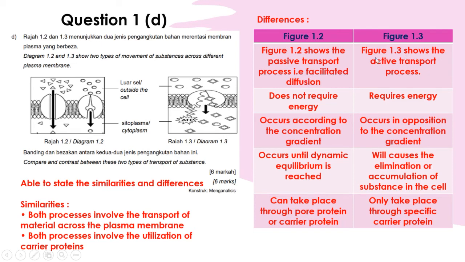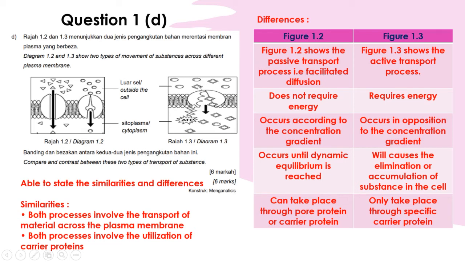Whereas figure 1.3 shows the active transport process. What is the definition of active transport? Active transport is the movement of substances from lower concentration area, as we can see from diagram 1.3 here, outside the cell has lower concentration.